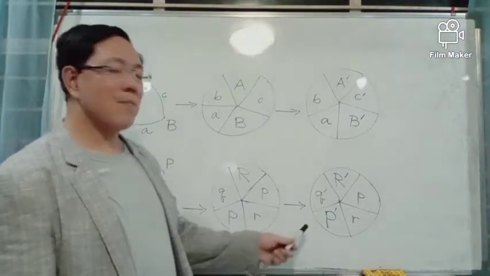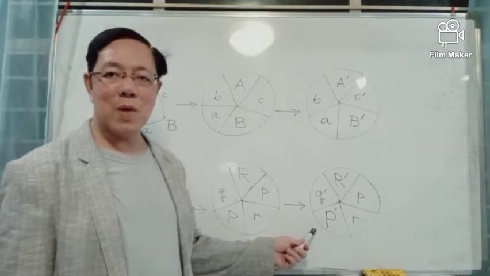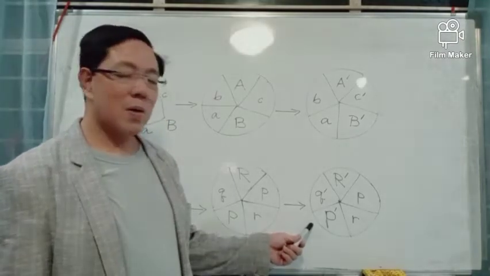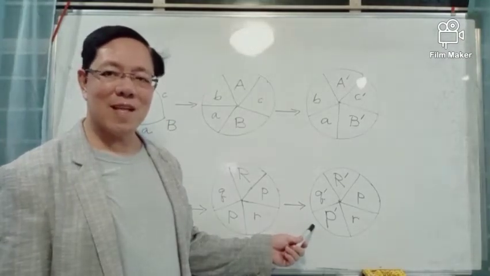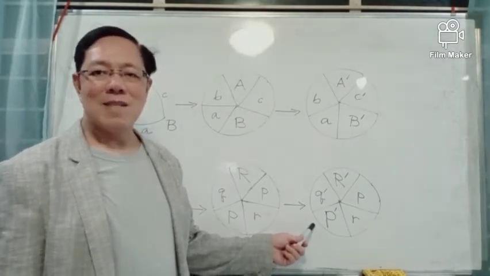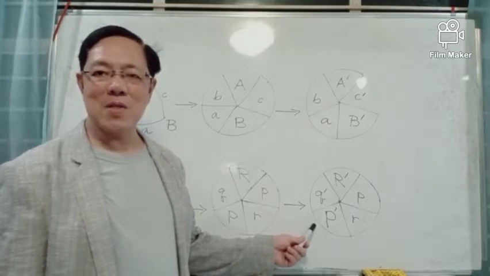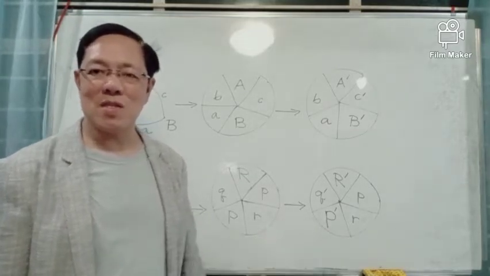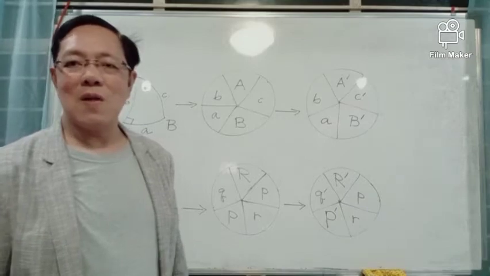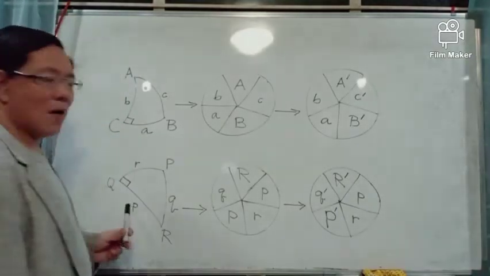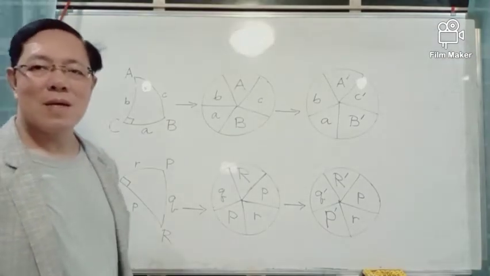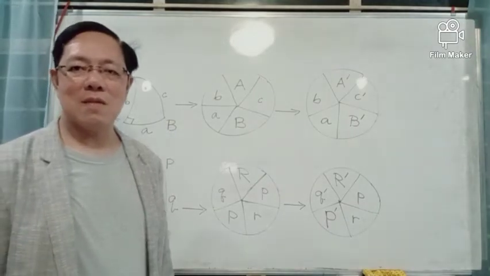This is the mnemonic device that we will use for translating Napier's rules into equations from which we can solve for the unknown parts of the given right spherical triangle.